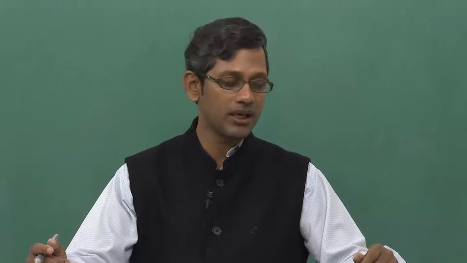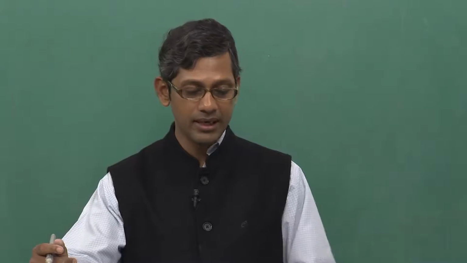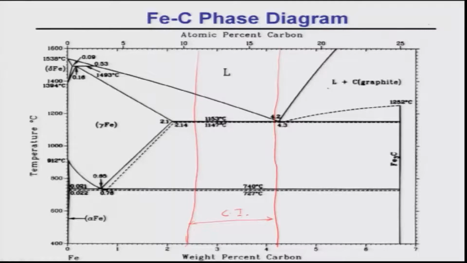What is the second effect of nickel addition? The temperature gap, as you have seen in the phase diagram between iron and graphite and iron and carbide, if you put them together, the temperature gap, let me show you again, otherwise you will forget. The temperature gap between these two eutectics, 1153 and 1147, increases as you add nickel.